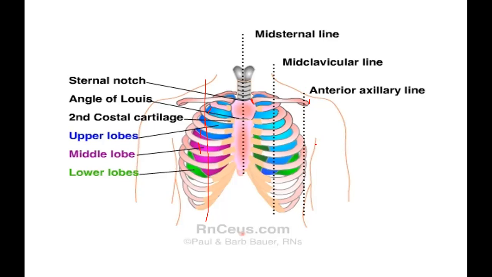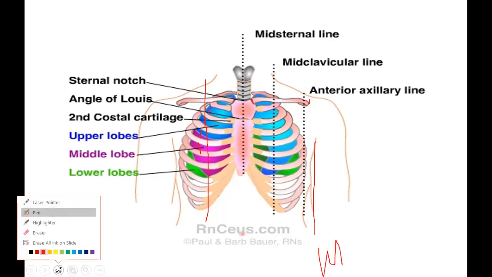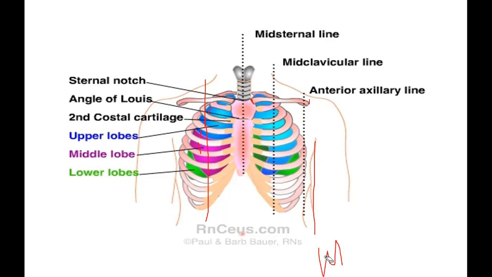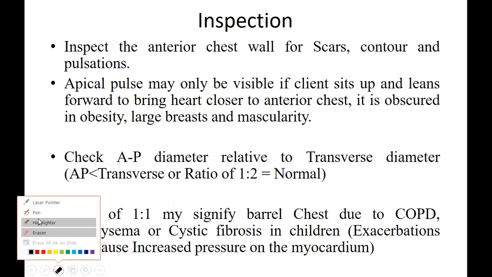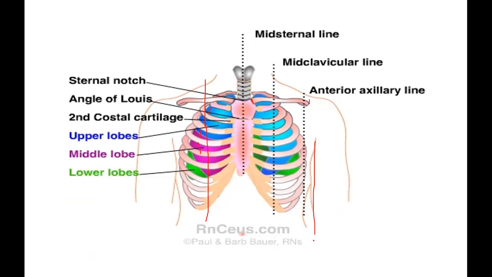There's also a line in the middle of the axilla that goes down there, and we call this the mid-axillary line. And then, of course, behind, there's a posterior axillary line, which is really of no significance when we're examining the patient.